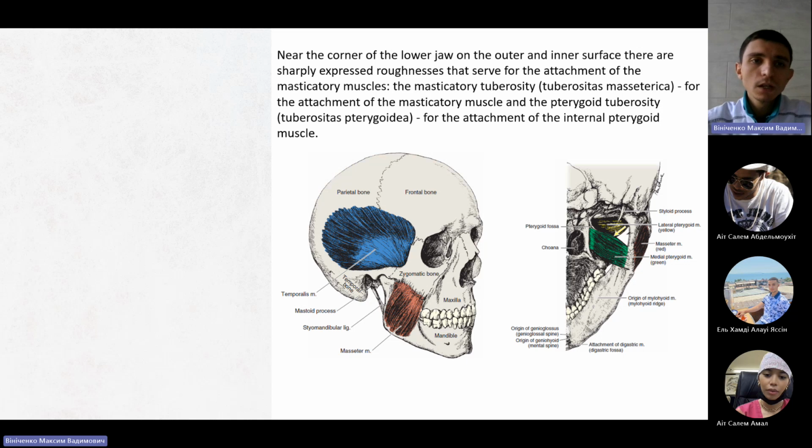We call it also tuberositas pterygoidea, for the attachment of the internal pterygoid muscle. Here is where it is located, and this is the internal pterygoid muscle.